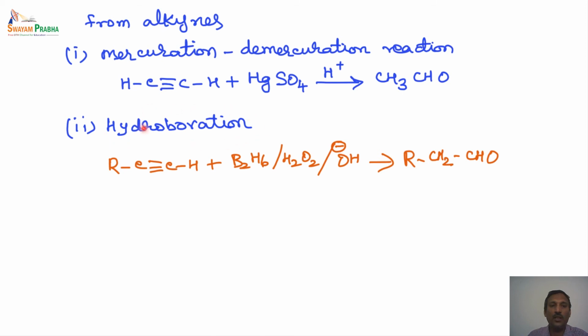Similarly, hydroboration can also be employed on an alkyne. The alkyne is treated with diborane, followed by hydrogen peroxide based oxidative cleavage in the presence of a base, which finally produces the corresponding aldehydes. So these are the two different methods by which an alkyne or triple bond compound can be converted to aldehydes.